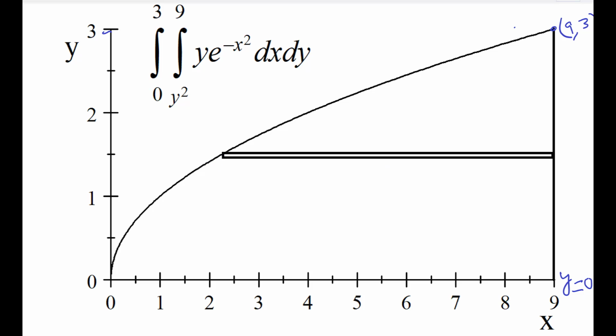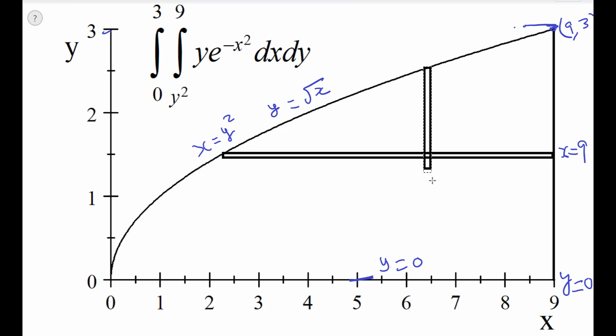All right, and look at the area of this element. In here x ranges from y squared, or you can see this is the graph of y equals the square root of x, to x equals 9, and y is going to vary from y equals 0 to right here y equals 3. So changing the order will mean that we shall cover the region with elements like this.